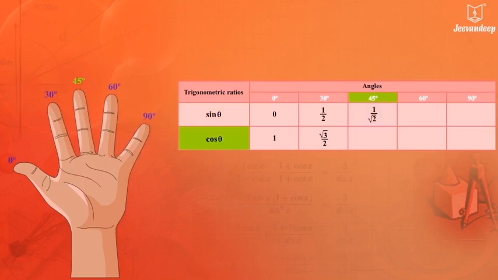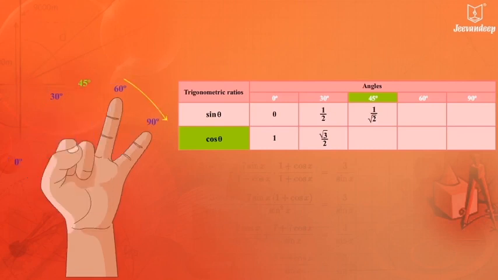For cos 45, count the number of fingers towards the right of the middle finger. It's 2. 2 divided by 4 is 1 upon 2. The square root of 1 upon 2 is 1 upon root 2. Hence, cos 45 is 1 upon root 2.